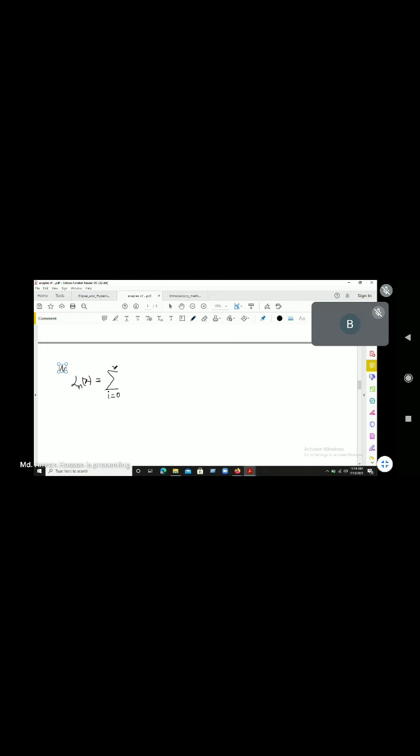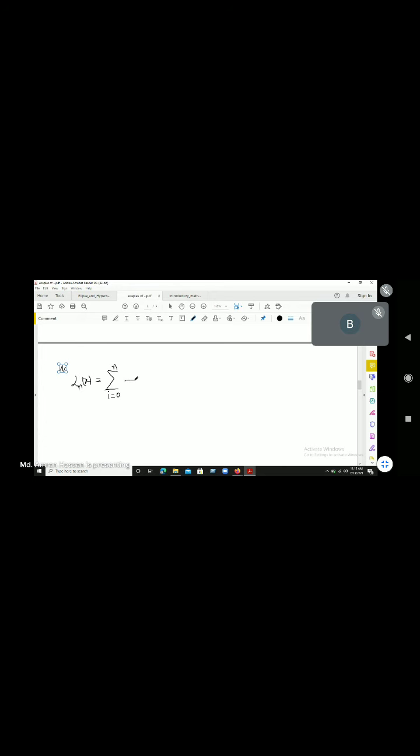The summation is over i equal to 1 to n. The lower part I'm writing first, since the upper part is difficult. So the lower part is x minus xi.